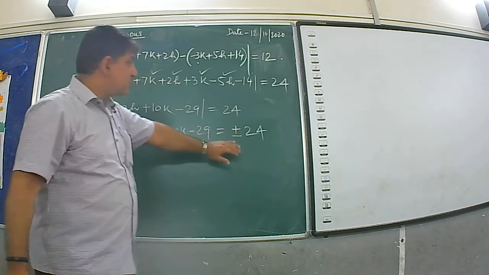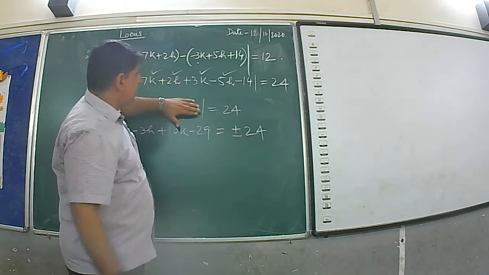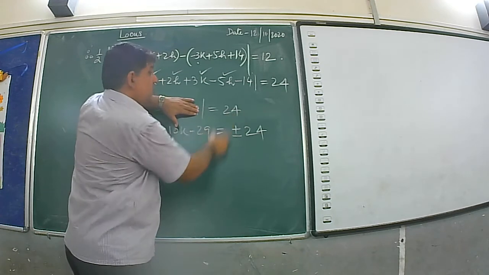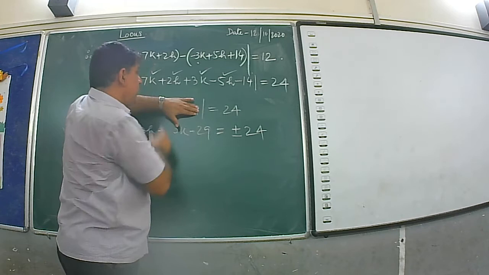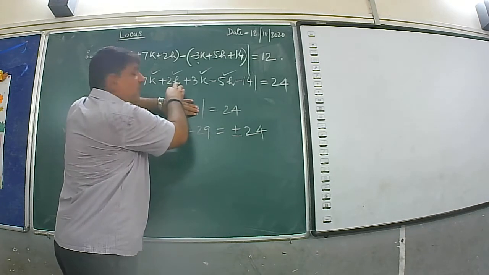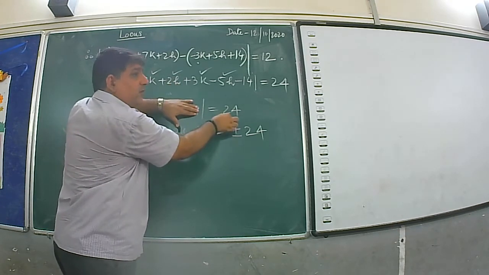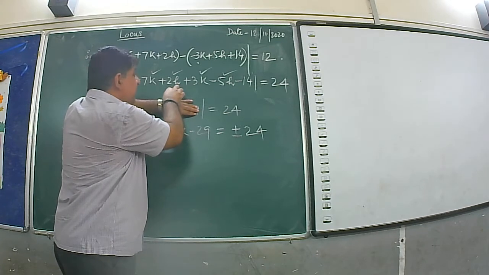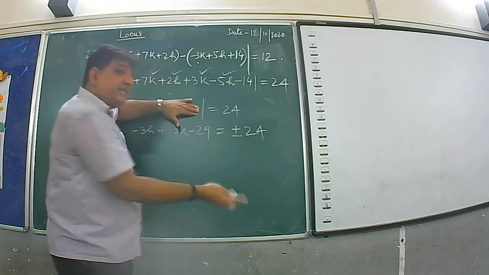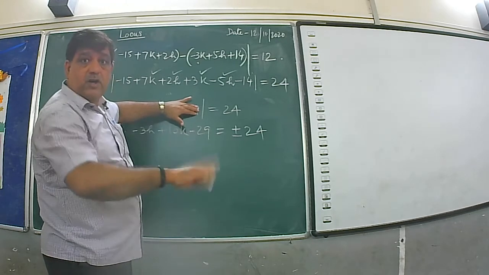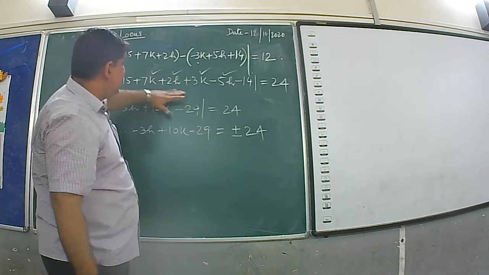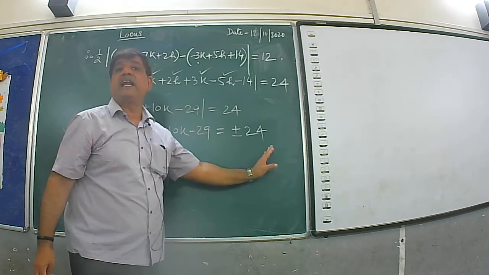Why plus minus 24? Because this modulus has value 24. So this value is equal to plus 24 or minus 24 depending on x. If x is positive, then x is equal to 24. If x is negative, then minus x is equal to 24, and it implies that x is equal to minus 24. So that's why we can write this step directly.